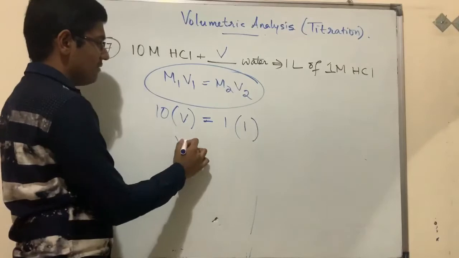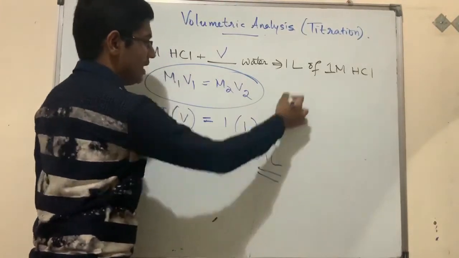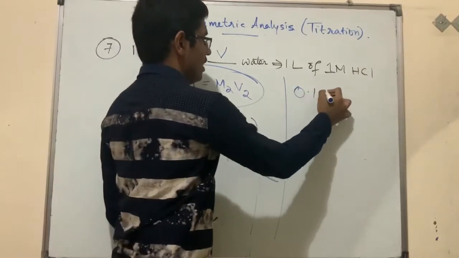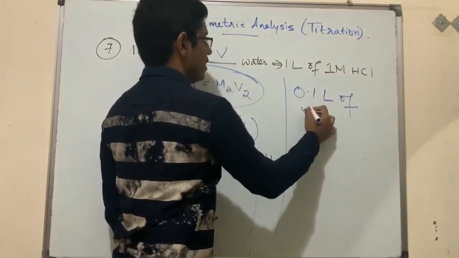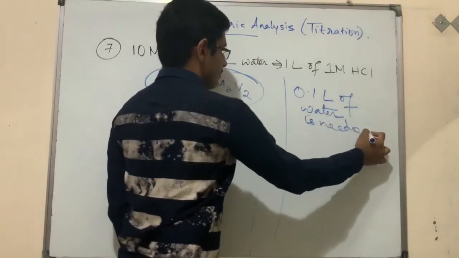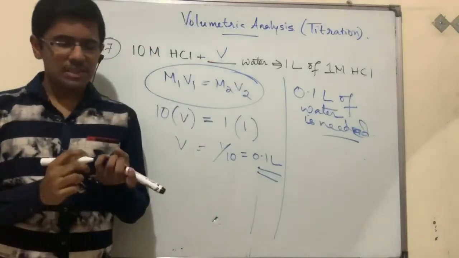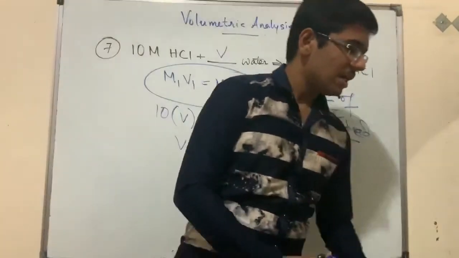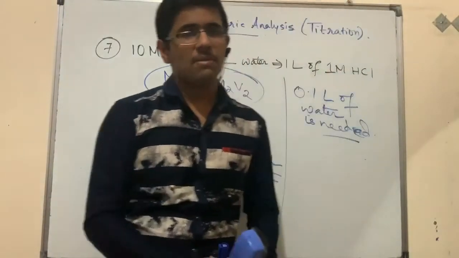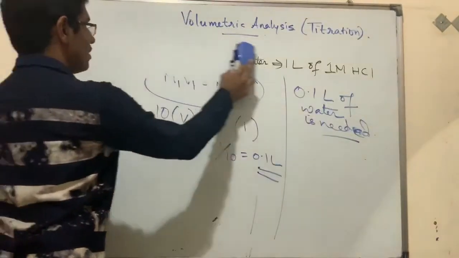So we get V equal to 1 divided by 10, which is 0.1 liter. So 0.1 liters of the acid is needed for dilution. So this is what we have to note. Simple questions only, okay? They will not ask very tough numerical questions in viva, but simple questions like this can be asked. So you always remember that.